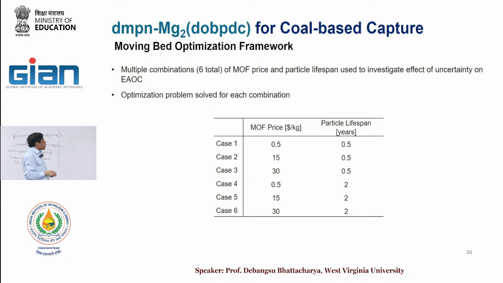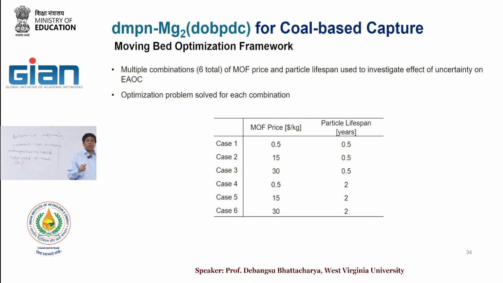One is the particle lifespan, or the material lifespan, and the other is the MOF price. For these numbers that we consider, when it was said that maybe it will be 5 to 10, we basically wanted to take a cushion here of about 15.